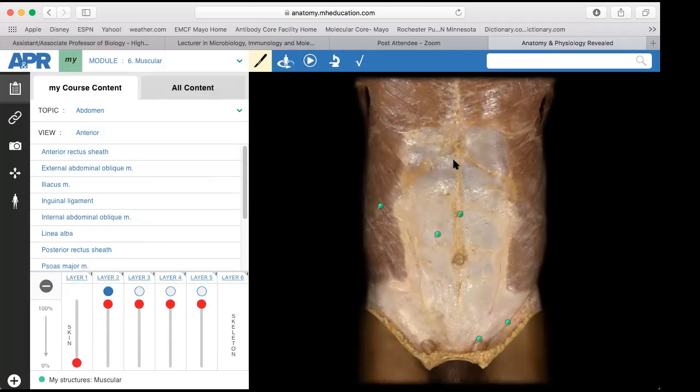If you go and check your body, you will see that there is a sort of white line, midline in your body, and that is the linea alba, white line, basically. That's what it means. Anterior rectus sheath, and then you have your external abdominal oblique muscle. You can already see this is in the side portion of your body, right? And as you see, it's oblique, so it's slantingly oriented.